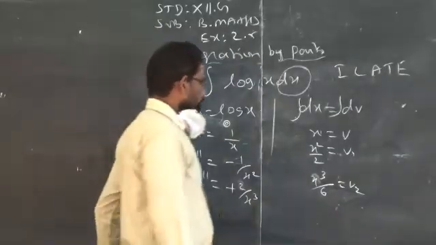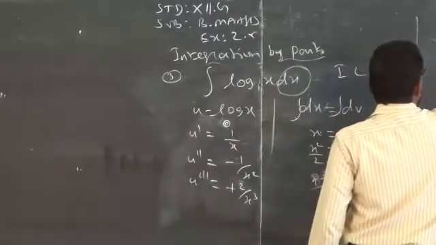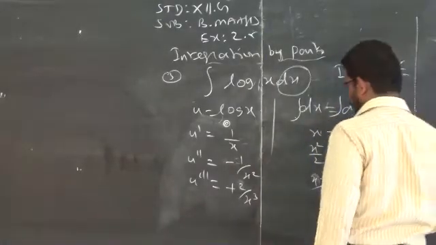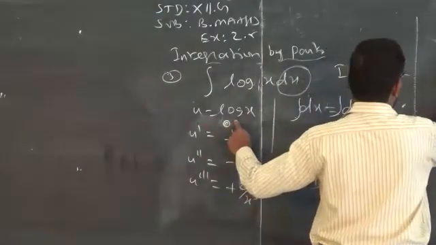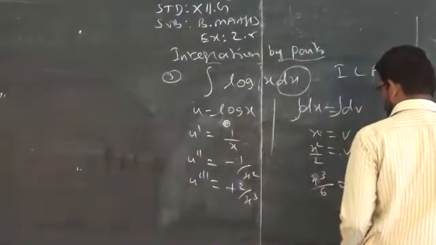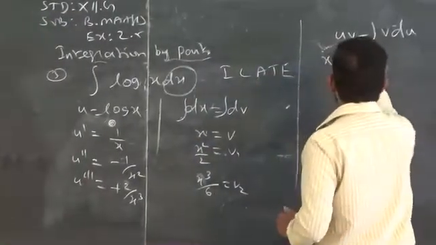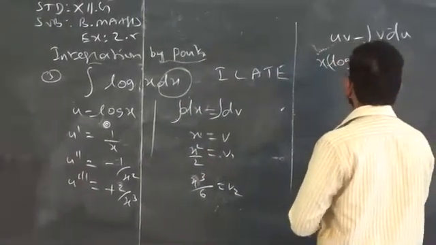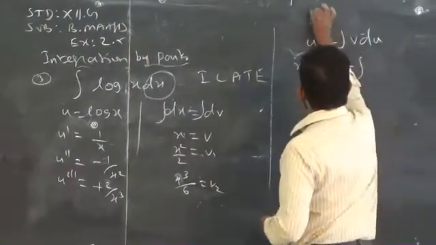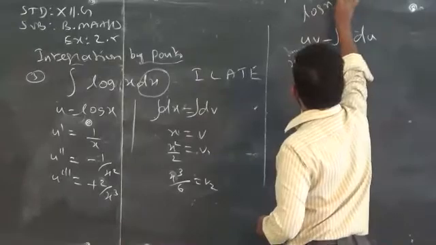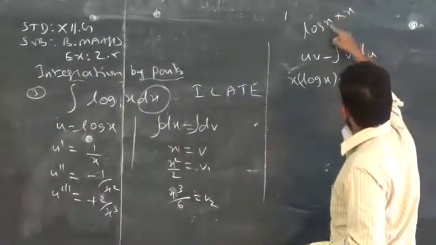Then you have to apply uv minus integration of v du. So what is your u? Log x. What is your v? X. You can write x into log x, because some of you make a mistake like this, log x into x. You may have a tendency of multiplying these two.